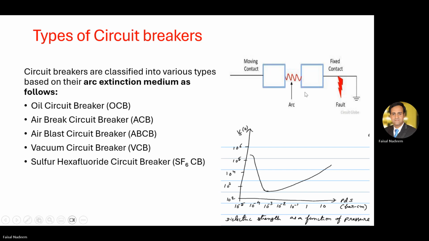In the circuit breaker, it is required to extinguish this arc that is developed because of the opening of the contacts due to any short circuit or overloading. So the main objective is to extinguish this arc as soon as possible and as efficiently as possible.